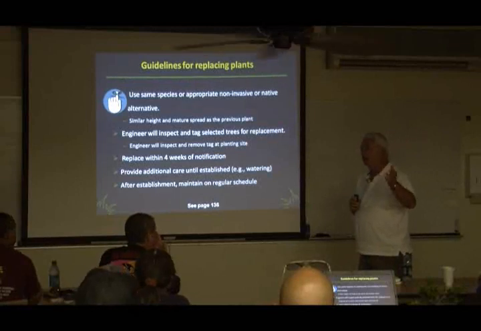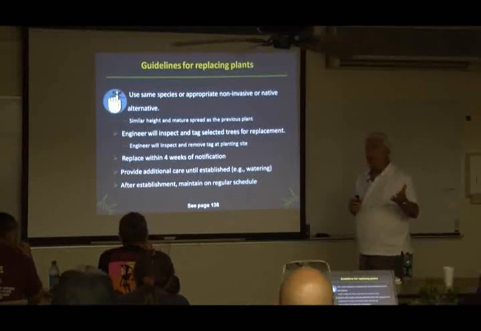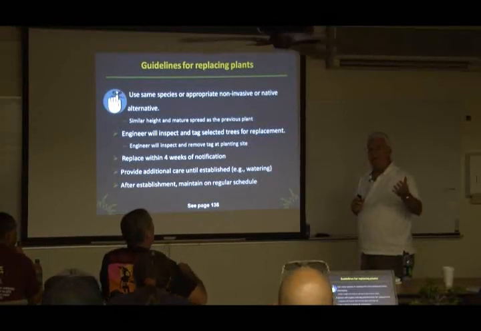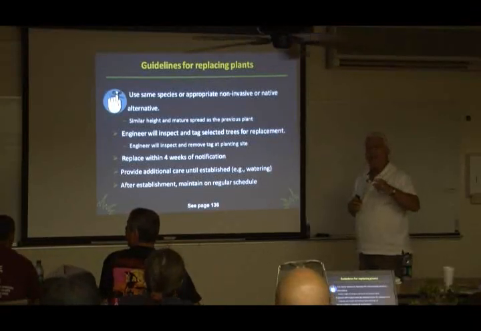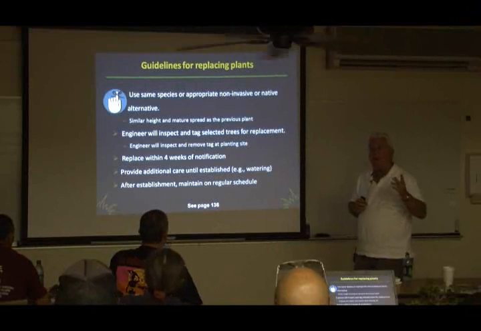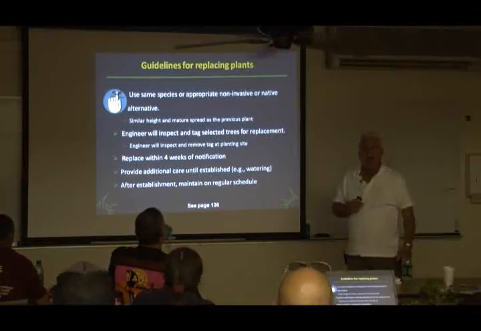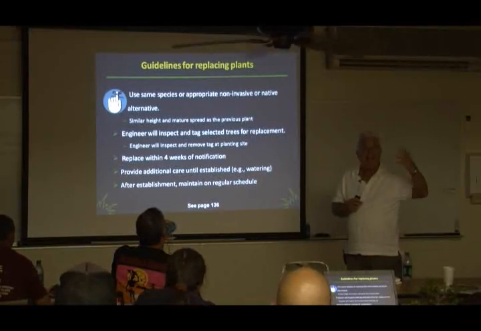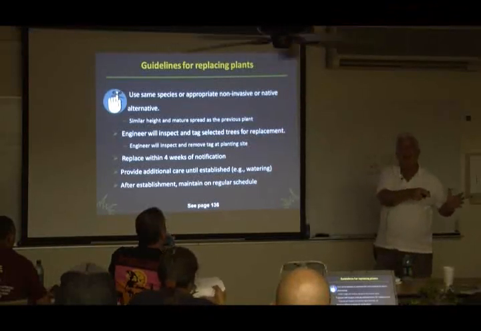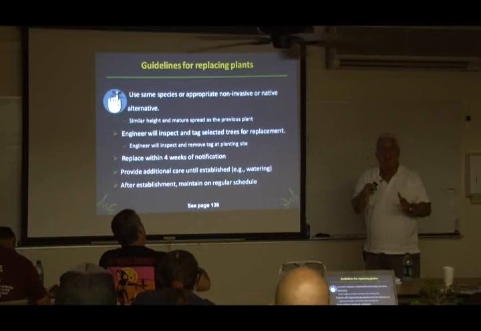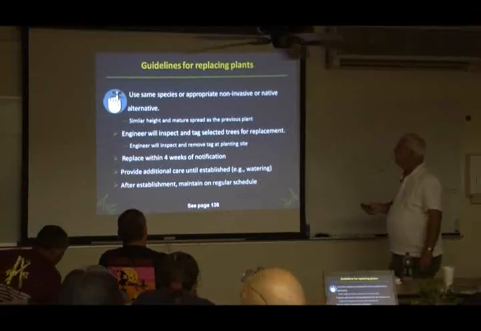The contractor responsible for picking them up has to leave that tag on until after they're planted, and the engineer or the inspector comes back to make sure those are the same plants. So it's a kind of long drawn-out process to make sure that whoever is planting the plants plants the right thing.